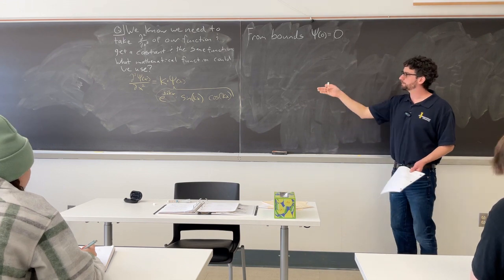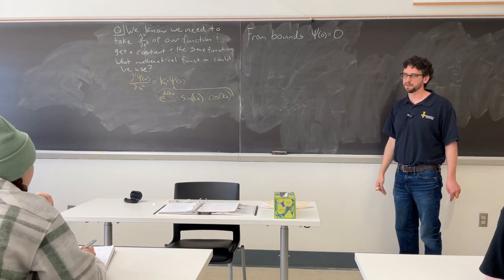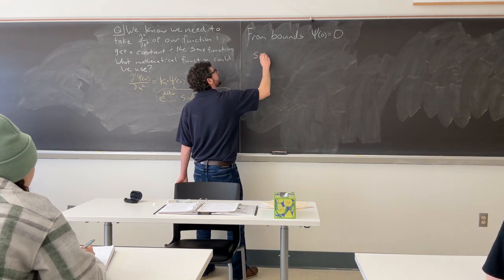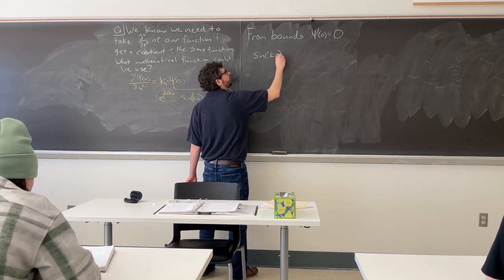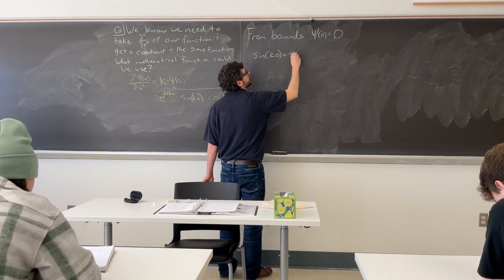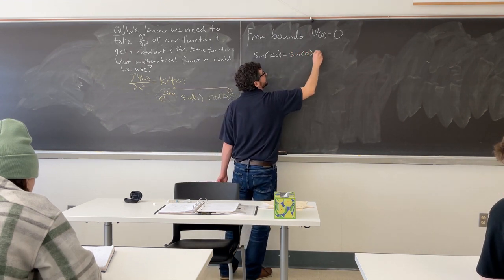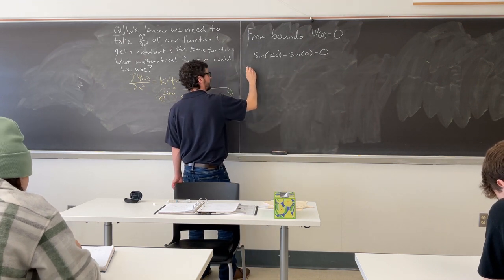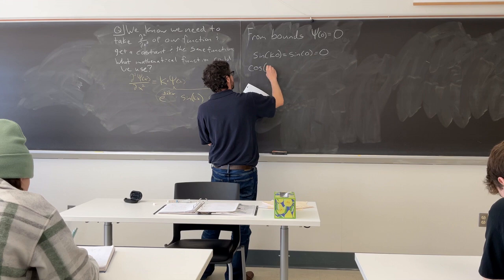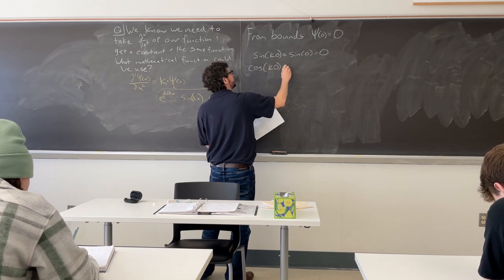Okay, let's plug in 0 for some of these things and let's see what we get. Sine of k is 0. What's that going to be? Yep. Sine of 0, which is just 0. Cosine of k is 0.